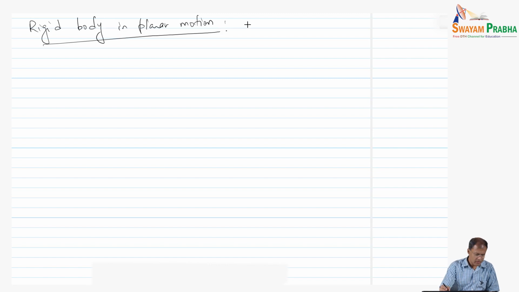So suppose we have a rigid body B which is in planar motion.